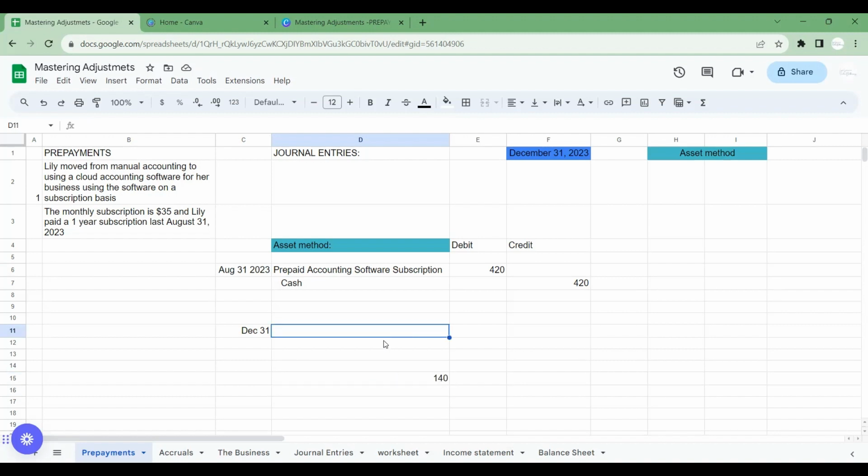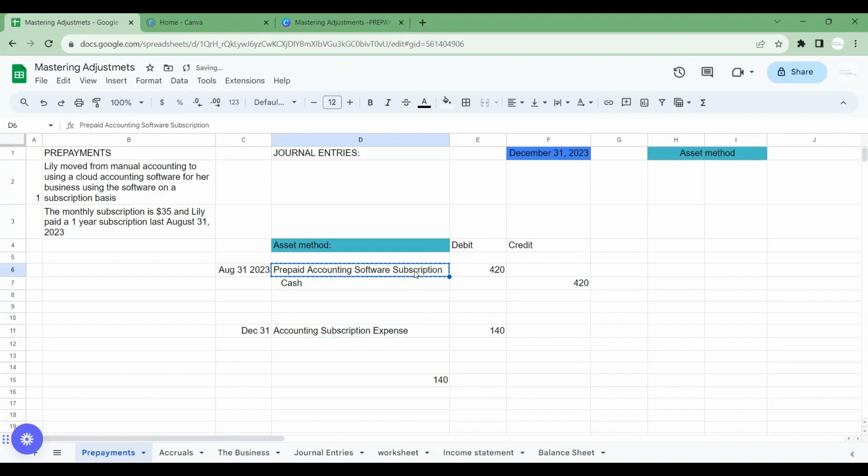So we are going to debit the expense account, which is the accounting subscription, in the amount of 140, and credit prepaid accounting software in the amount of 140.